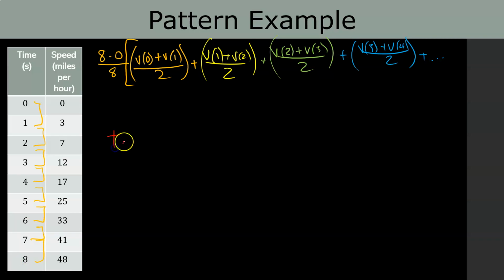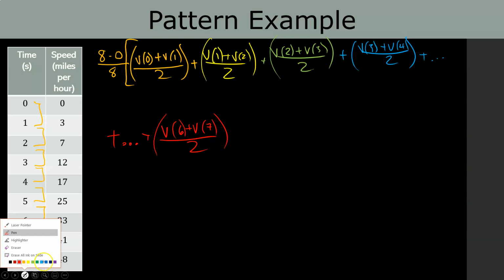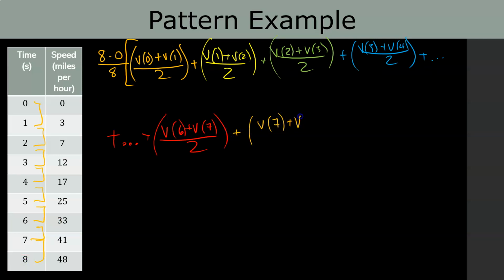So the last two are going to be the velocity at 6 plus the velocity at 7 over 2. And the final one, maybe end on orange pen. The velocity at 7 plus the velocity at 8 divided by 2. We didn't skip too many pieces.